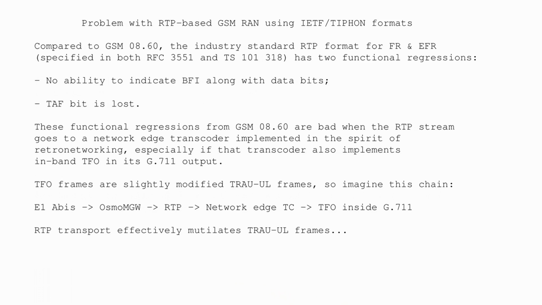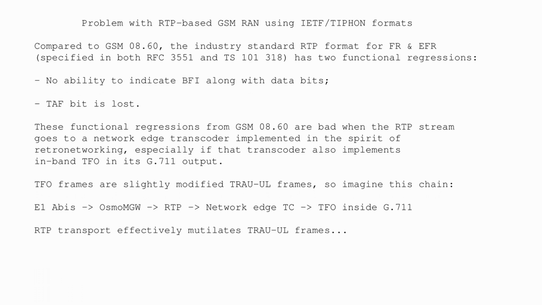But back to the topic of RTP encoding. On this slide, I show why this is a problem. In other words, these IETF standardized RTP payload formats for FR and EFR codecs. Well, what's so bad about it, you may say, right? They dropped those old obsolete out-of-band flags. They made it simple and easier for non-GSM people to understand.